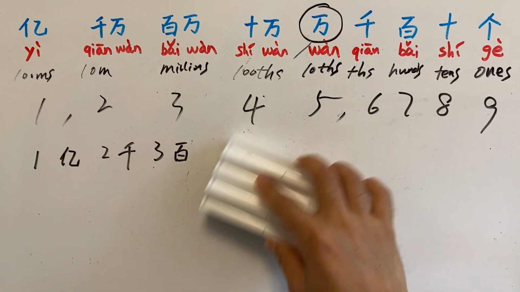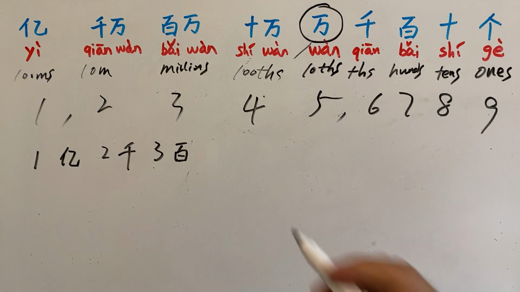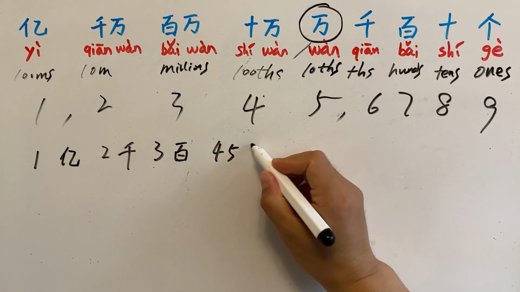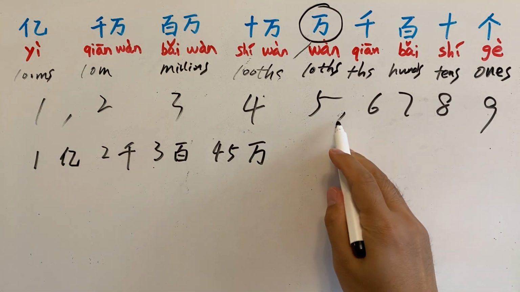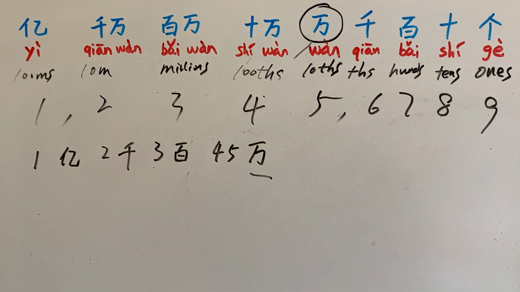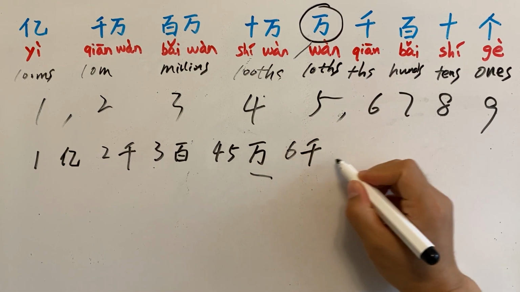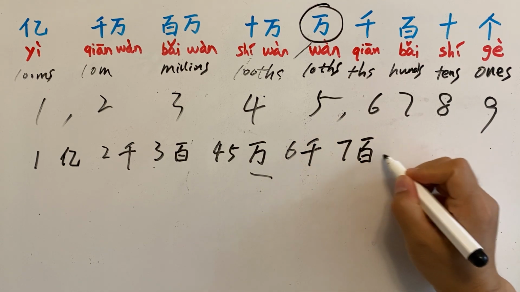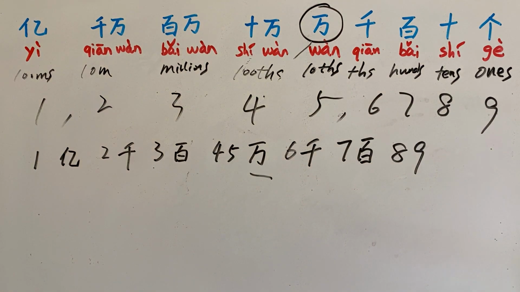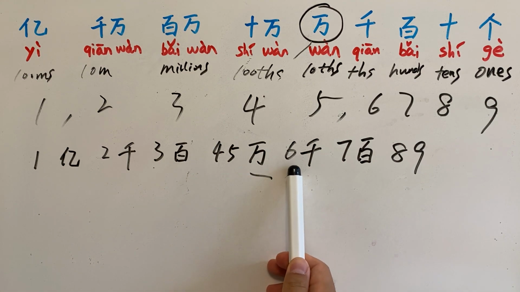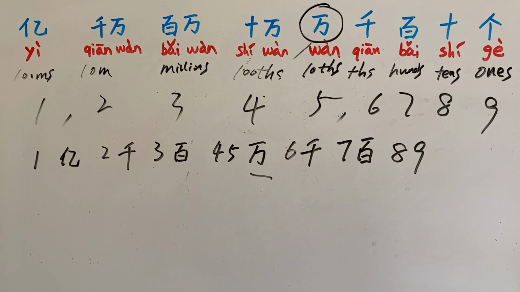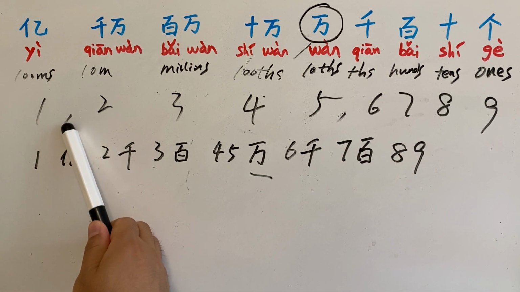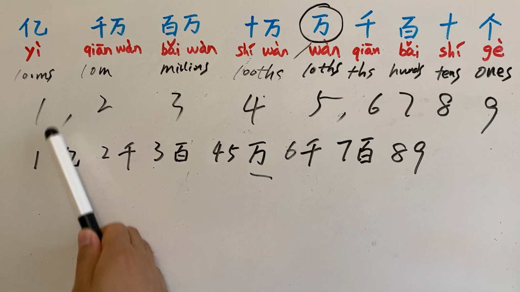We can write it in an easier way. 12345万6789. This comma is 万, and this comma is 亿, 100 million.